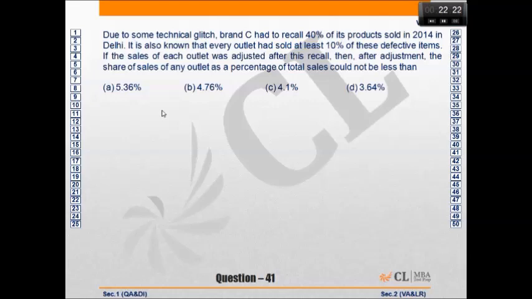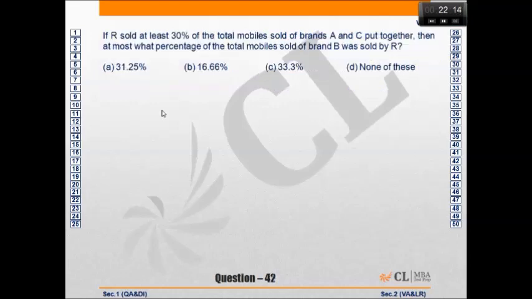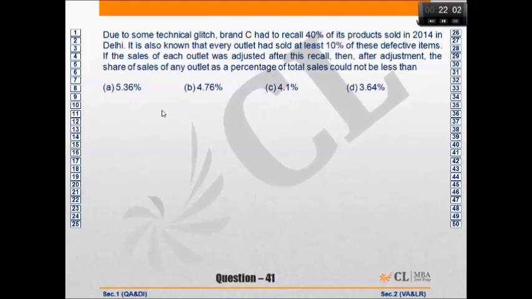At least 10% of these defective items. The sales of each outlet was adjusted after recall. Then after adjustment, the share of sales of any outlet could not be less than. Okay, we'll just come back. Calculation intensive. The early on, R sold at least 30% of total mobiles sold of brand A and C put together. Okay, so let me just come back.